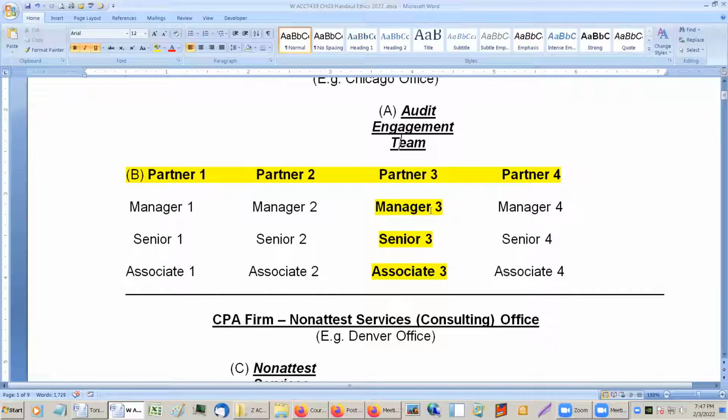Even though it's not your client and you're not working directly on it, because you're a partner who is a principal who has authority in the place, the idea is that you can influence the audit. So all the partners in the office and anyone on the audit itself are going to be covered members. They're going to be covered by these independence rules, and they'll be held to a higher standard.